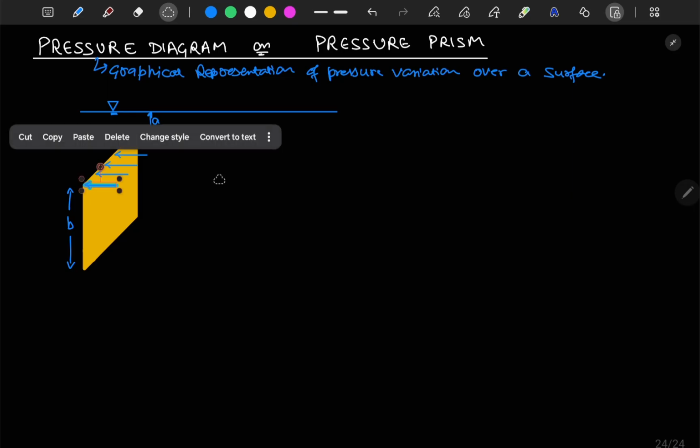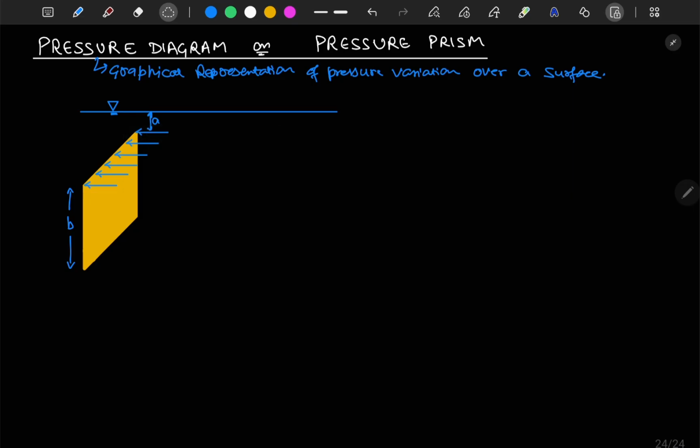And if I talk about the variation along this length, what we will do is increase the dimension gradually.